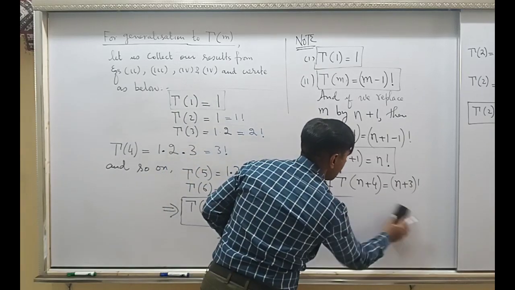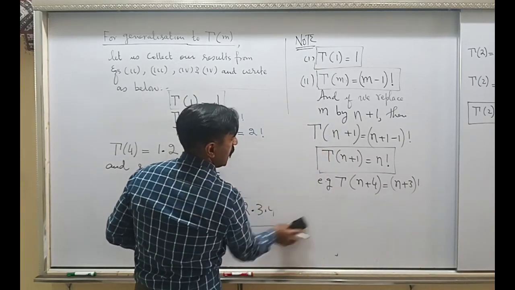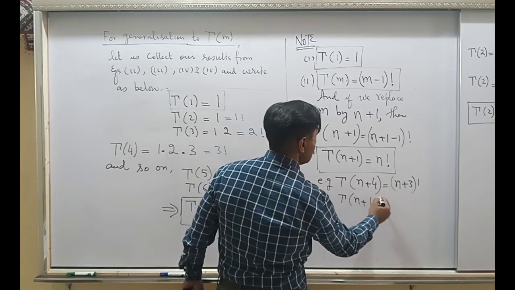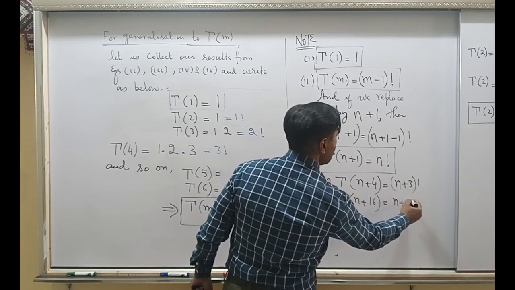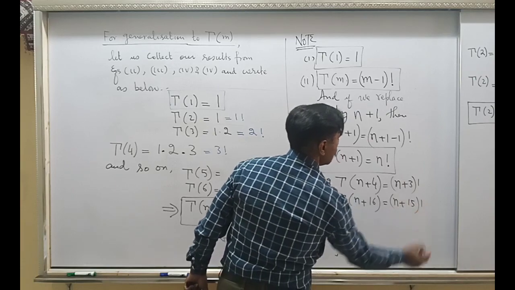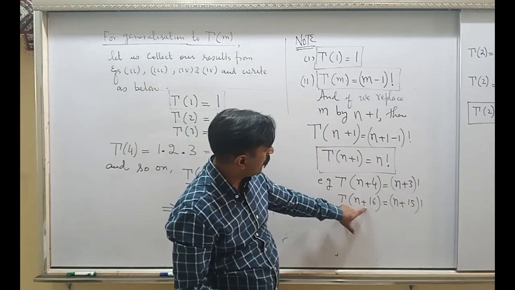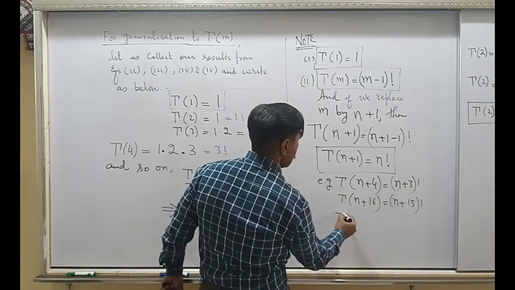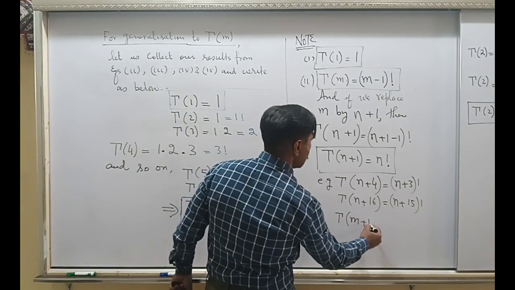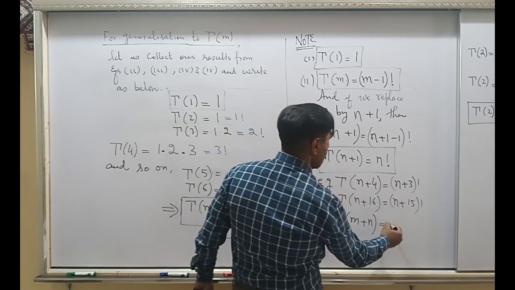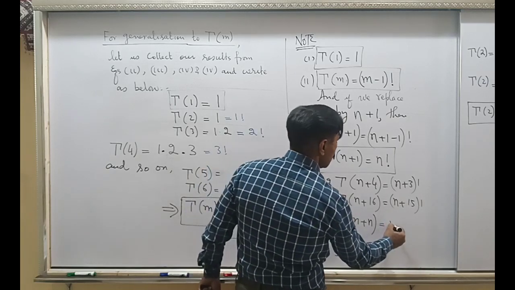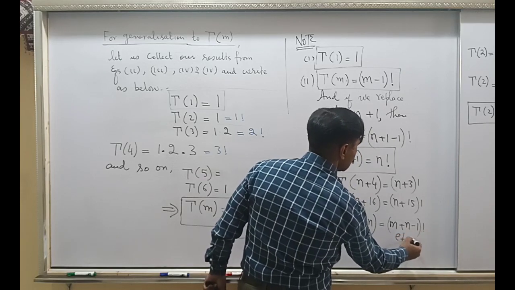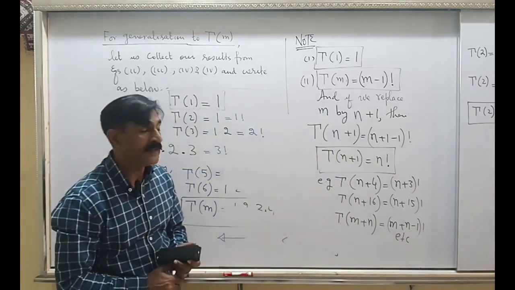You should also be able to use it. And if it is gamma n plus 16, then it will be n plus 15 factorial. For the case of factorial, you need to reduce the argument by 1. And if it is gamma m plus n, it will be m plus n minus 1 factorial, etc.